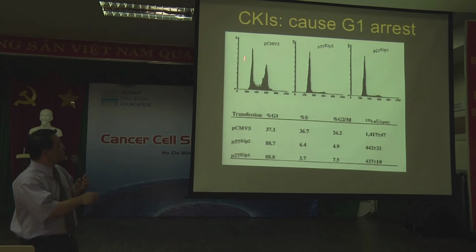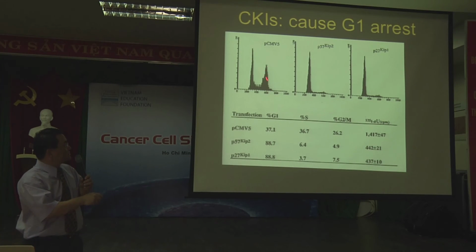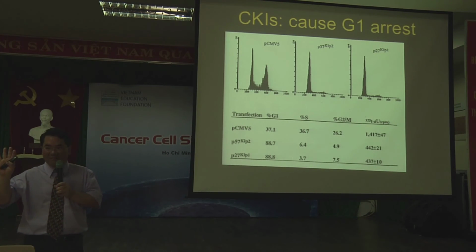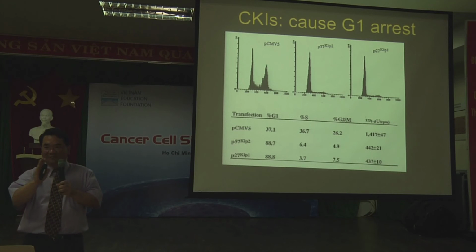Okay. The first peak usually is 2N genome content. The second peak is the 4N genome content, meaning that these cells already finished DNA synthesis, right? Because you have to finish DNA synthesis in order to be a 4N content. In between, that was called the S phase, because during this process, the cell is duplicating their genome from 2N to 4N.